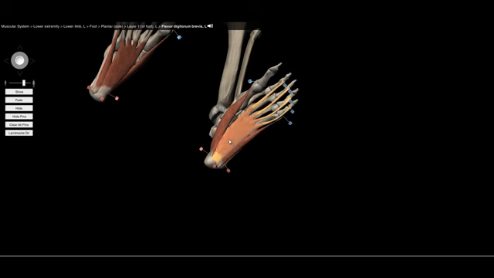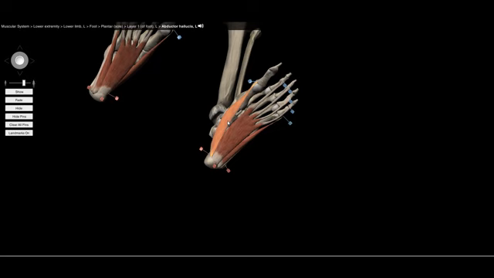The Flexor Digitorum brevis attaches from the calcaneus and inserts on the plantar surface of toes 2 through 5, responsible for toe flexion, and assists the Flexor Digitorum longus. And the abductor hallucis.